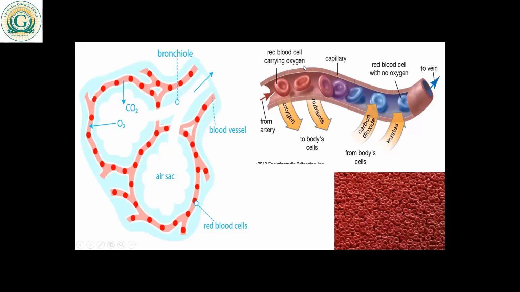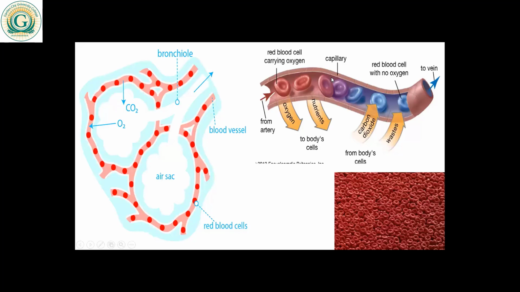At the tissue level too, oxygenated blood carried by the artery moves to the tissue or cell, where there is diffusion of gases and transport of nutrients and other substances from the blood into the tissue or cells at the capillary level.